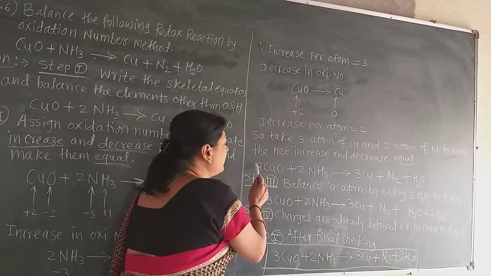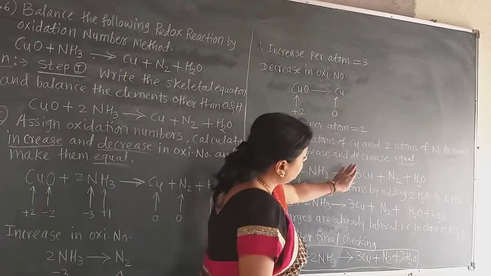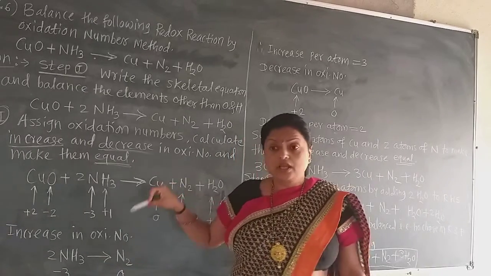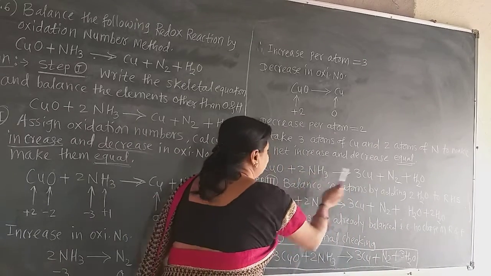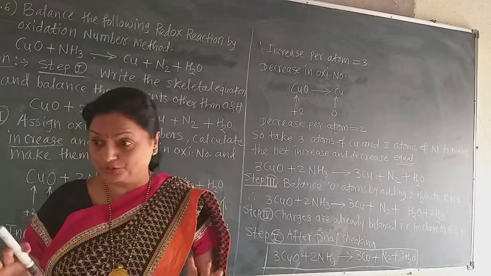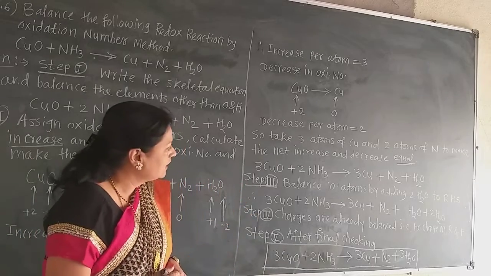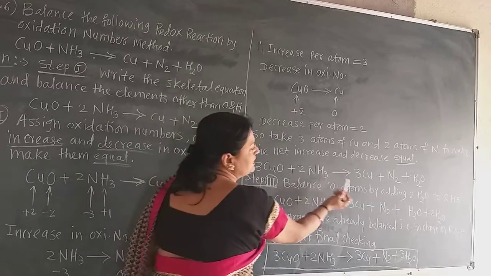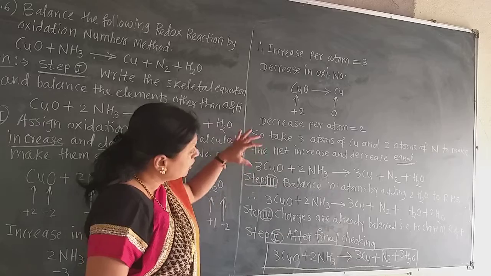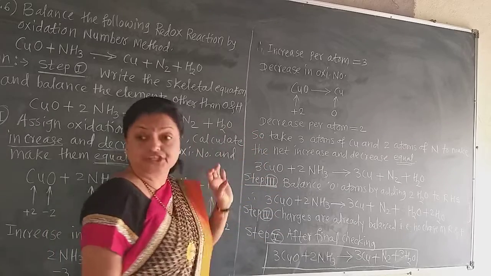If we multiply 3 to this copper oxide, there will be only 1 copper atom on the right hand side. To balance that, you also multiply this copper by 3 to balance the copper atoms on both sides. Now there are 2 nitrogens here, and here also 2 nitrogens. There is no need to balance the other elements up to the second step.